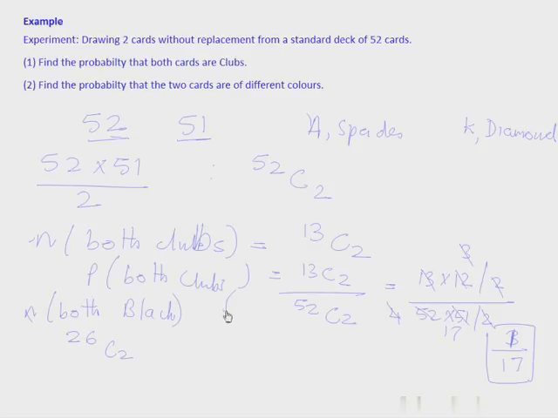What would be N both red? That would also be 26C2. So the probability of both being of the same color is 26C2 plus 26C2 over 52C2. And then to get the probability that they are of different colors, I do 1 minus this probability. I'll leave the details to you to complete.